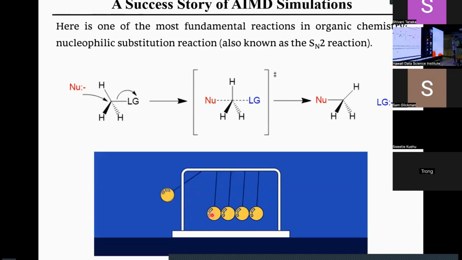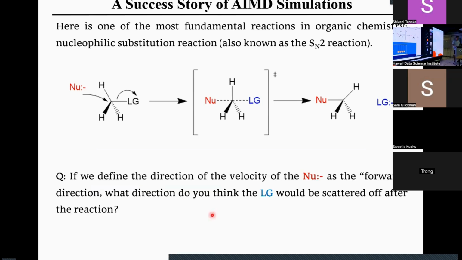Just looking at this, one incoming particle hits the other 4. The 3 stay stable, and the 4th one would pop out in the same direction, because you have to conserve the momentum of the system. So the answer is that I expect my leaving group, which carries the charge, to travel in the forward direction, the same direction as my incoming group.